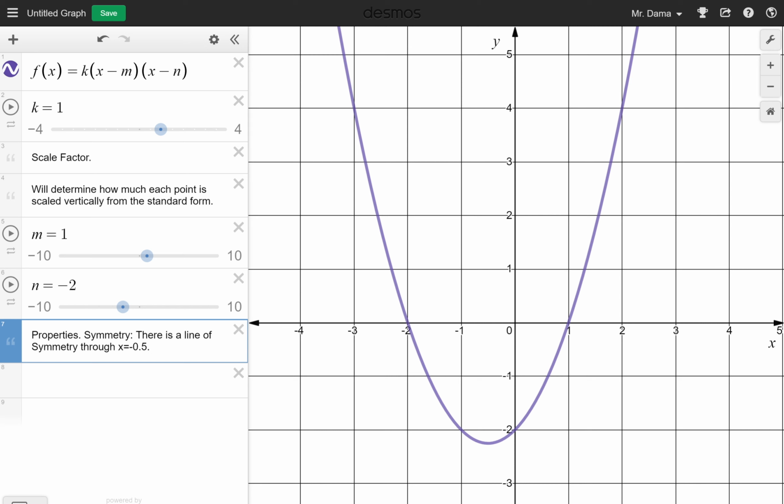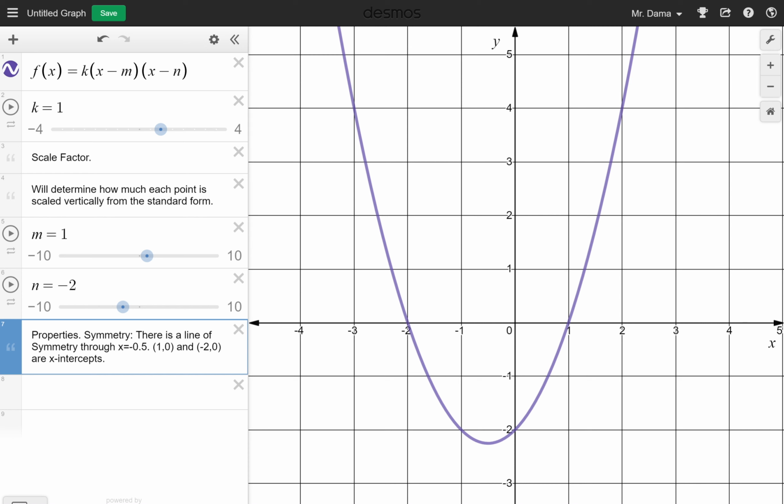Let's try another thing. (1, 0) and (-2, 0) are x-intercepts. See if you can list them out, like actually write what they are. What is the minimum?